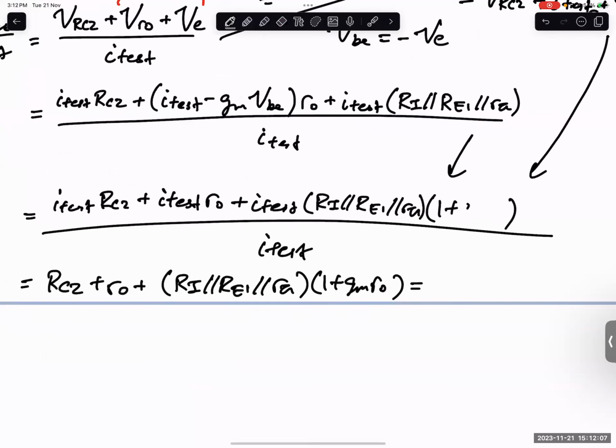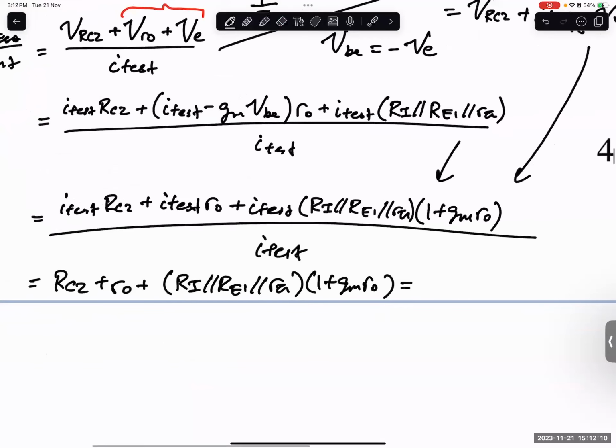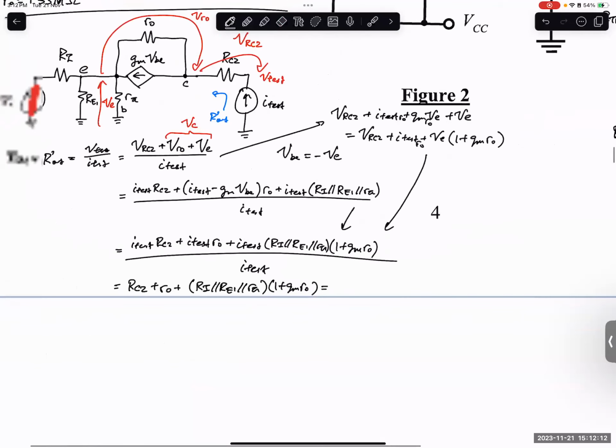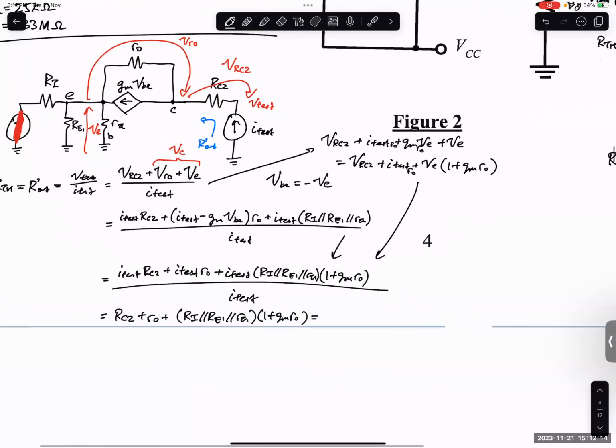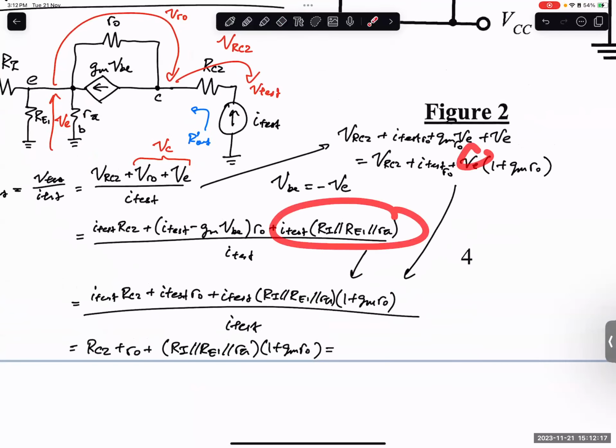Okay, can see, right? Then VE is actually just this. Sorry, VE is actually just this one.